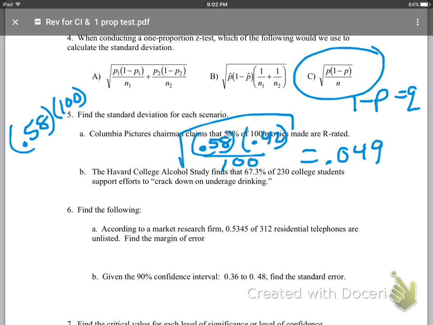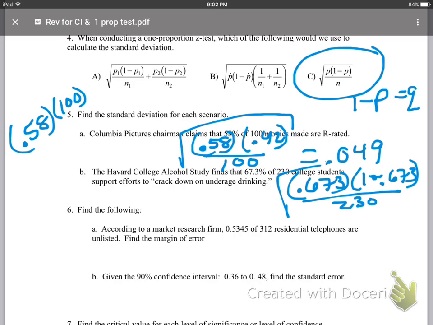Okay, let's go to B. Here we get 0.673. 1 minus 0.673 divided by 200. 1 minus 0.673 gives me 0.327 times 0.673 divided by 200.